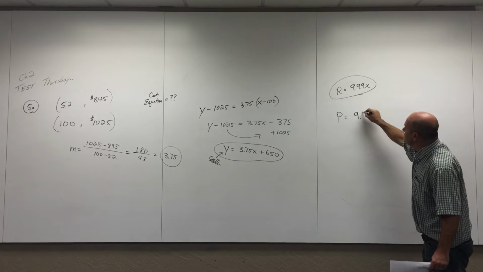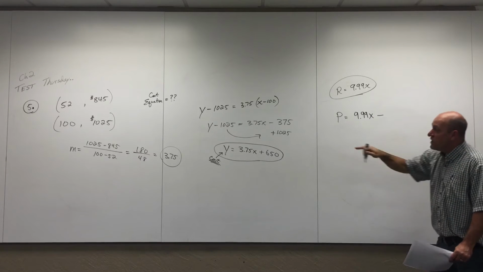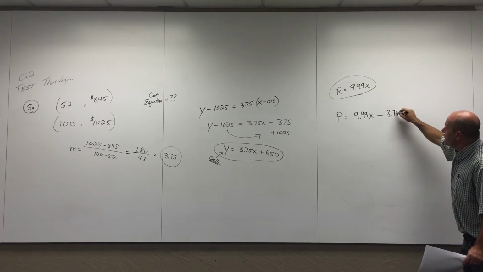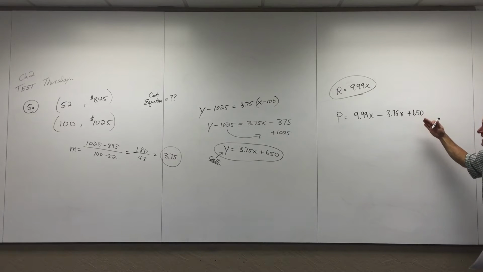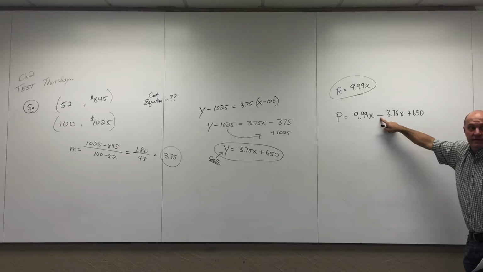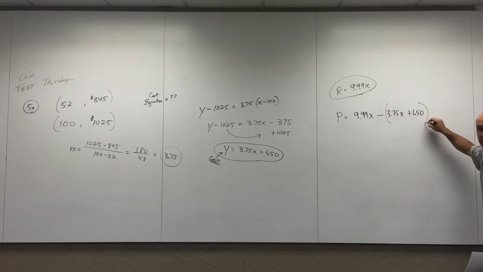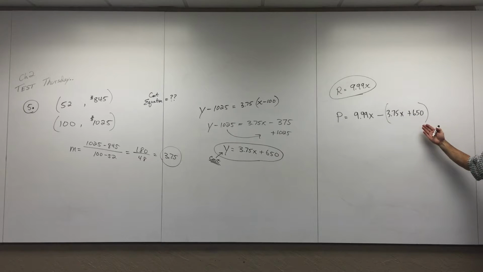So here I go. Some students, watch this mistake. It's revenue minus cost. And if you just put that in here, you're making a mistake. I just made a mistake. What is my mistake? I'm subtracting the entire cost function. Parentheses would be helpful for me to realize that the negative sign distributes, which it does.